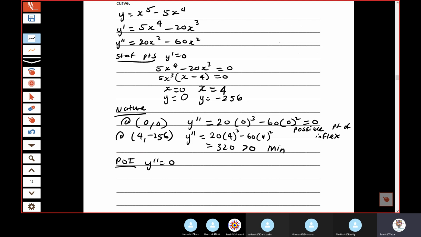Now you got to make the y double dash equal to 0 and solve.